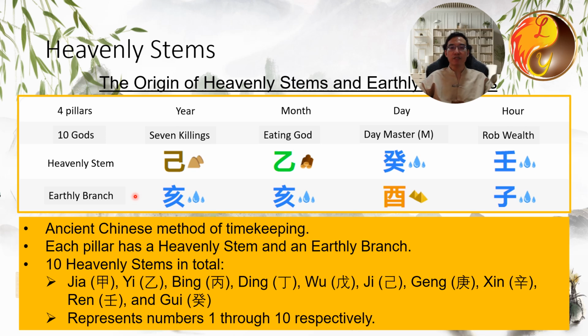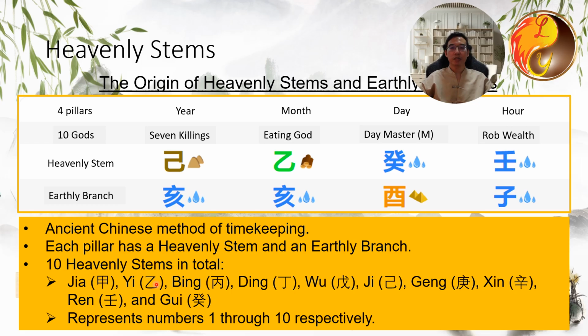Our current method of timekeeping is called the Gregorian calendar, or the solar calendar, which was introduced from abroad during the late Republic of China period. However, before the early Qing dynasty, the ancient method of timekeeping was done using the heavenly stems and earthly branches. There are 10 heavenly stems in total.